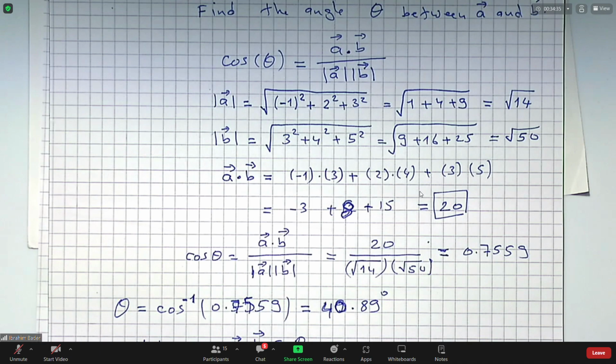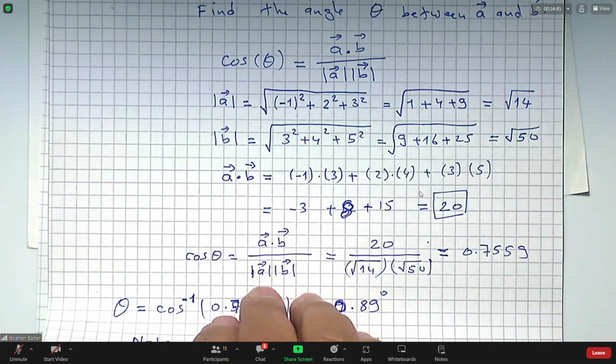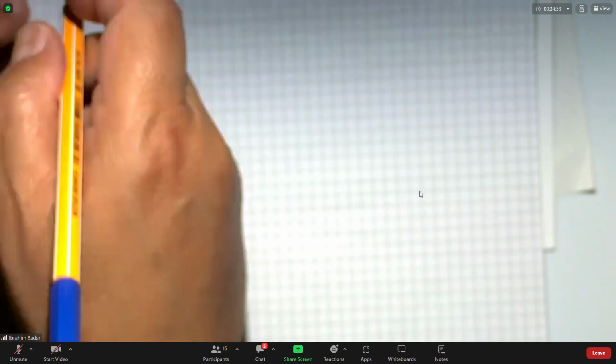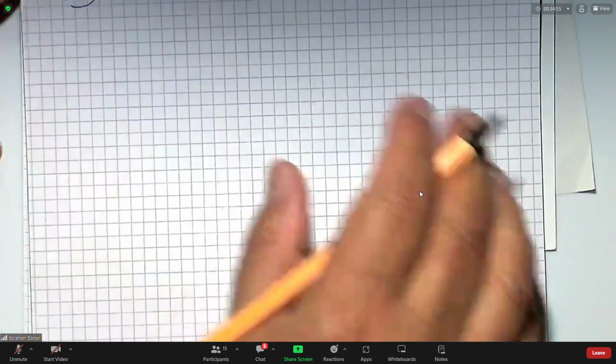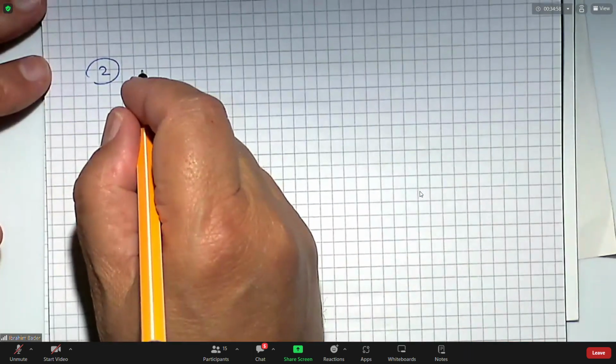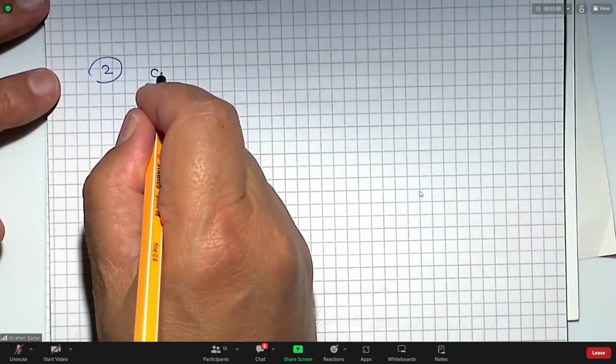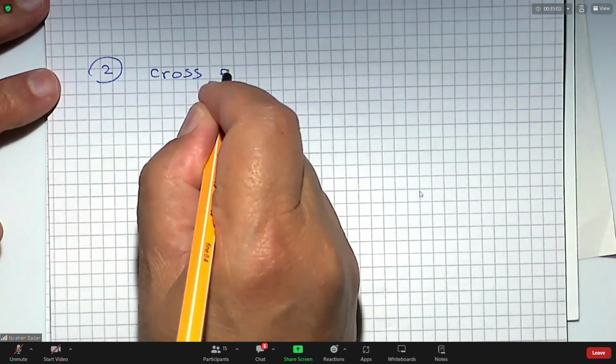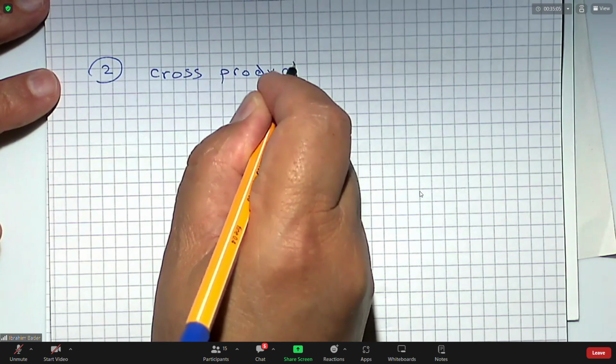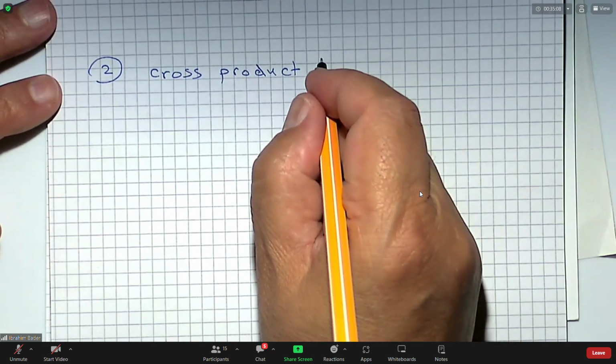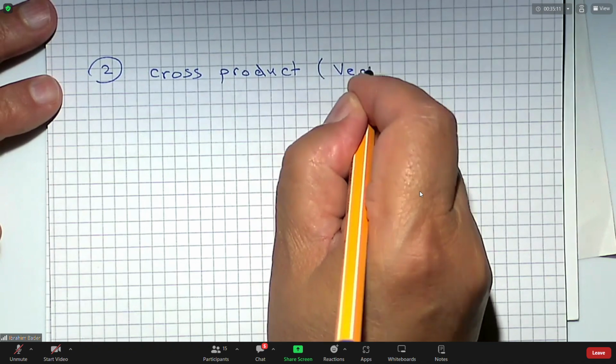If you don't have any questions, let me move to the next type of product, which is the so-called vector product, or sometimes just called the cross product of vectors. So the second type of product here is the cross product, or sometimes called the vector product.